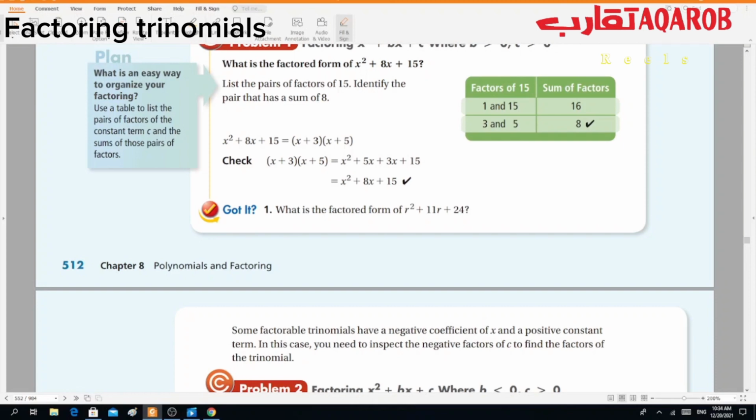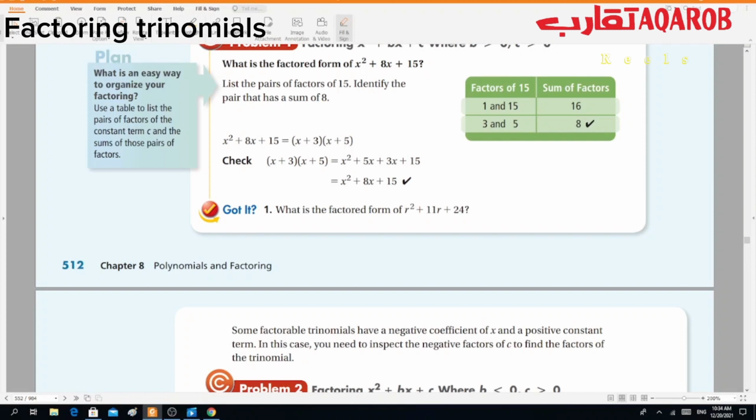The sign of the constant tells you if you have same sign or different sign. If it's positive, it means that you have the same sign. If it's negative, this means that you have different signs, one positive, one negative in the two binomials. Since it's positive, for sure I will have the same sign.